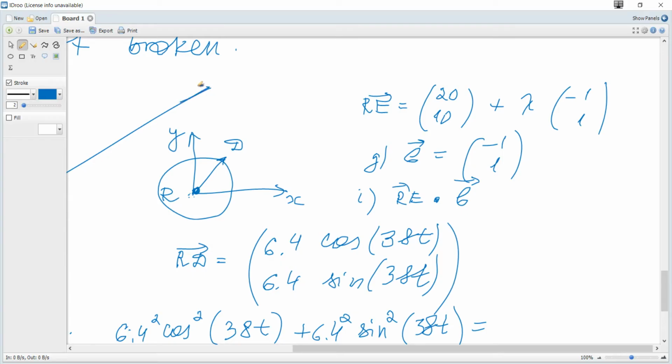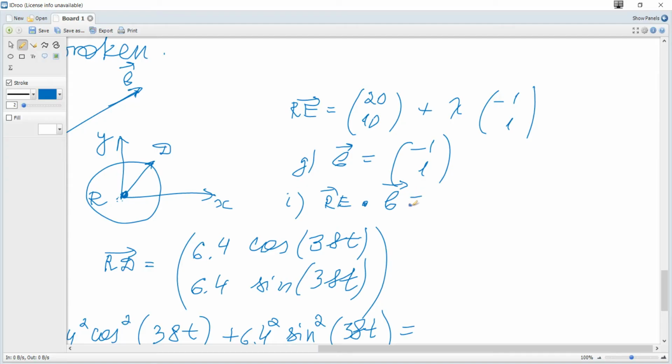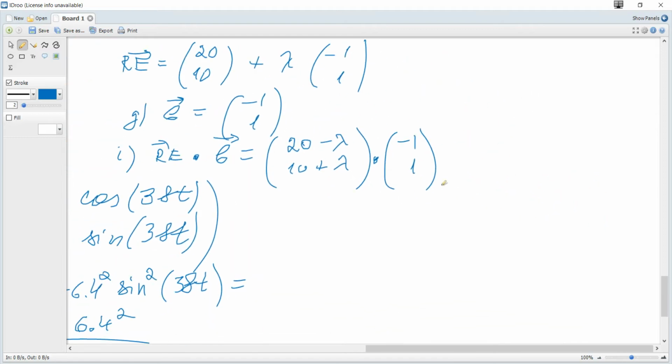B is a direction vector of the aircraft E, and RE dot product B becomes, we can rewrite RE in the form 20 minus lambda, 10 plus lambda, dot product -1, 1, and the formula is given in the data booklet.